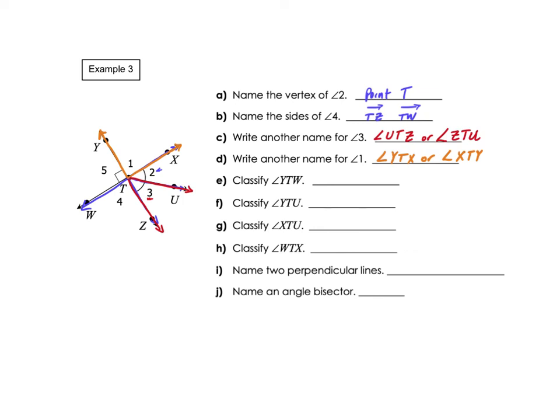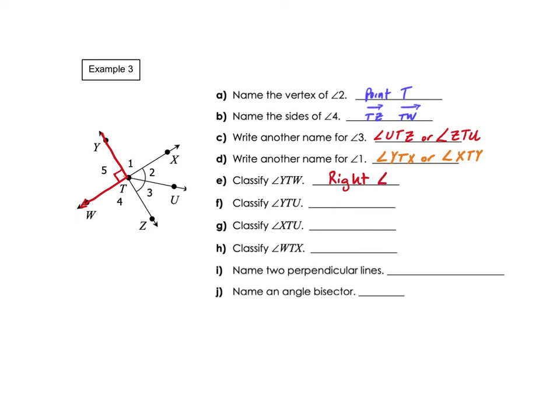Classify, as we look at a couple more examples, it says classify YTW. It looks like YTW is right here. It is going to be 90 degrees. So that makes it a right angle.